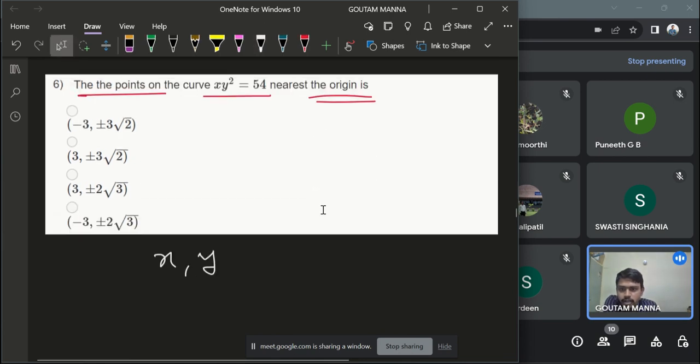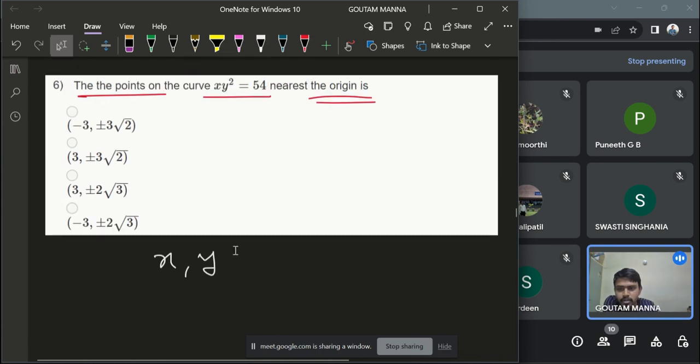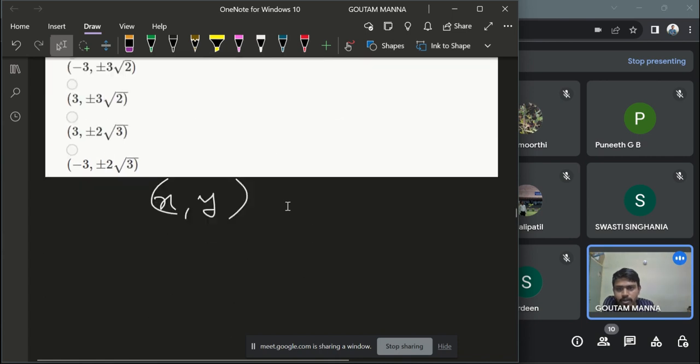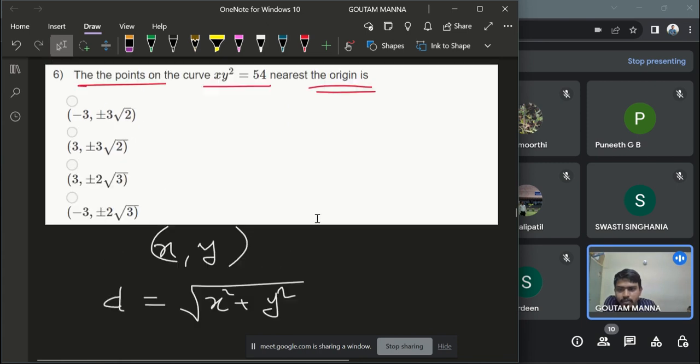And if we assume that any point in two dimensions is x, y, then the distance from the origin will be d equals to root under x square plus y square, and we need to minimize this distance.